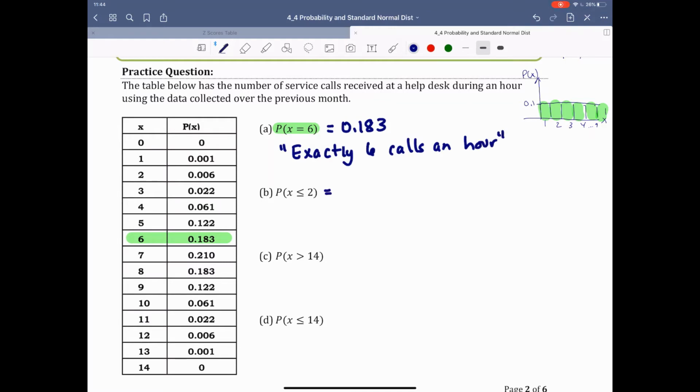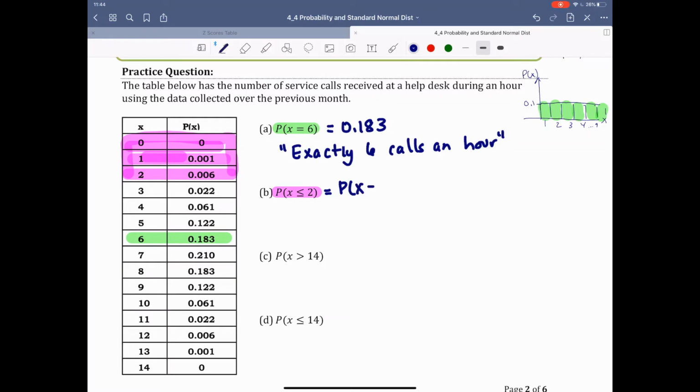Whereas if we want the probability that x is less than or equal to 2, that's equal to 2 would be shown where p of x is equal to 2, but less than or equal to 2 incorporates the 2 values less than it as well. So we have to add up all those probabilities.